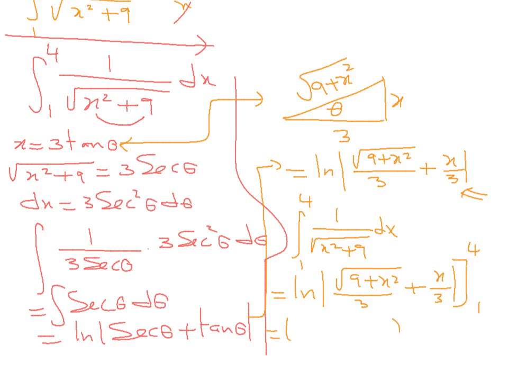We can replace 4 and then replace 1. If we replace 4, we are going to have the root of 25, which is 5 divided by 3, plus 4 divided by 3, and then replace 1, so it will be ln of the root of 10 divided by 3 plus 1 divided by 3, which can be calculated using the calculator.